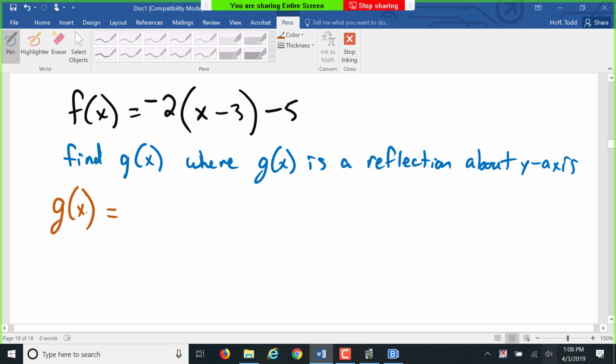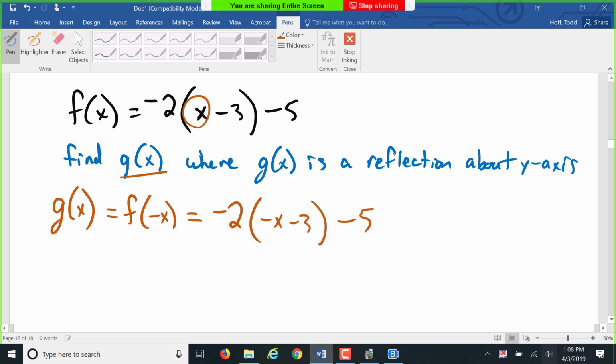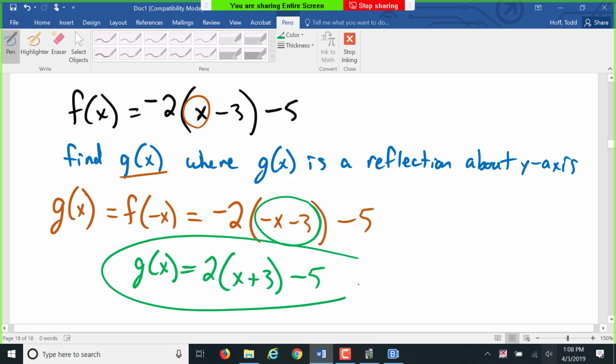So for this reflection around the y-axis, g of x is going to equal f of negative x, which is what we get if we put in f of negative x. So that equals negative 2 times, instead of x, we put in negative x, minus 3, and then minus 5. Then to simplify this, we factor out the negative 1 here to get what? 2 times x plus 3 minus 5. Very good.